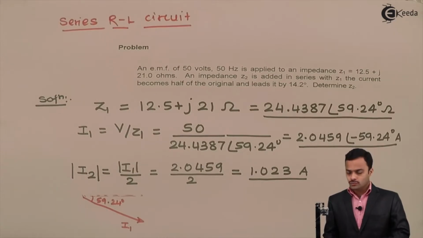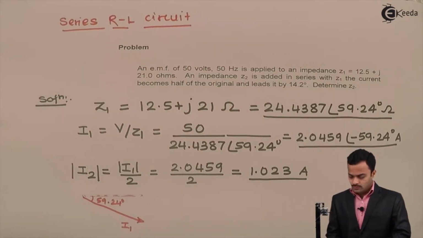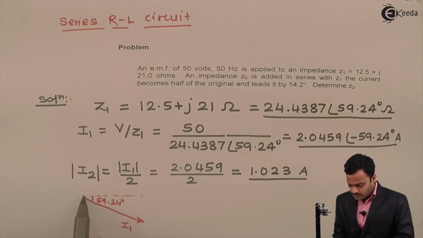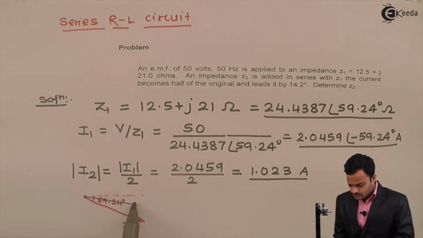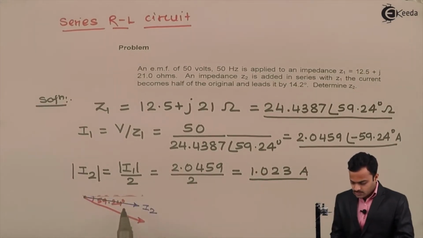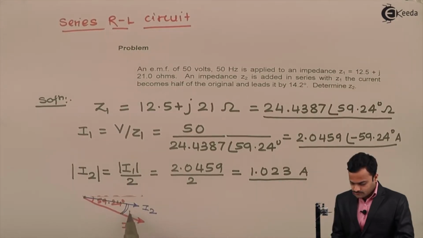Now I2 should lead I1 by 14.2, meaning I2 phasor should be ahead of I1 by 14.2. So this angle is 14.2.